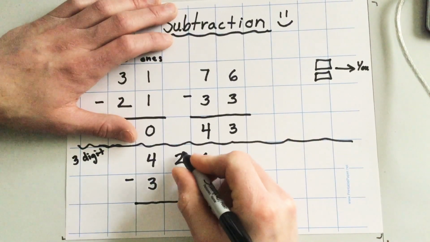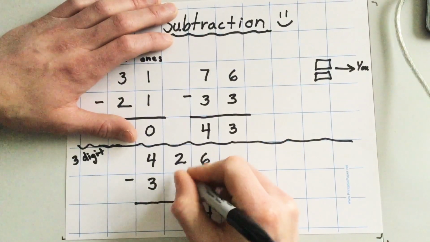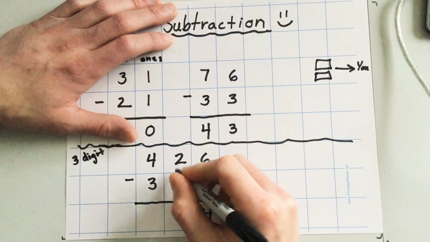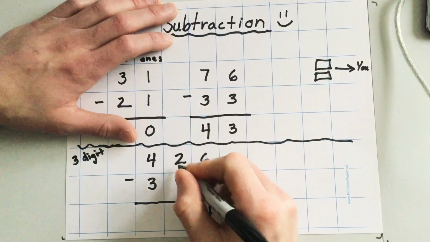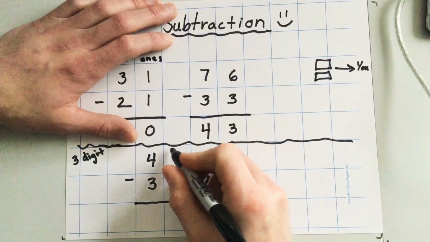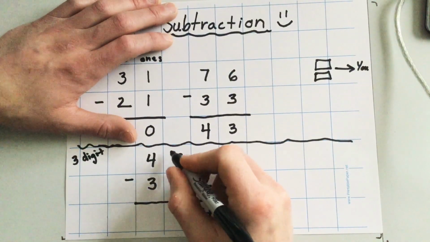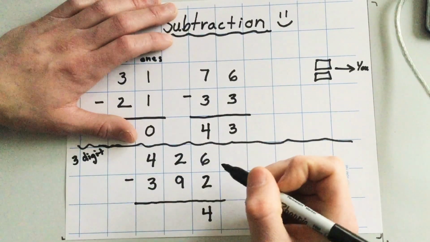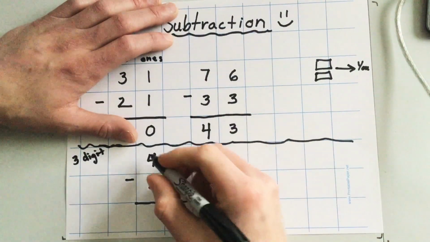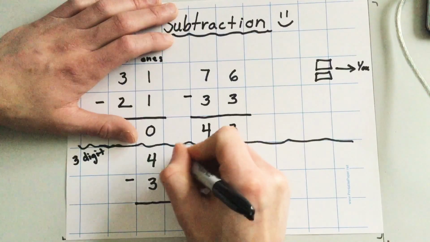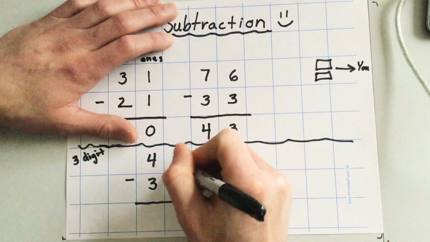Now, when we run into this issue of not being able to subtract a number from another one, we always go next door to its neighbor. We always go over to the left to help us out with this issue right here.